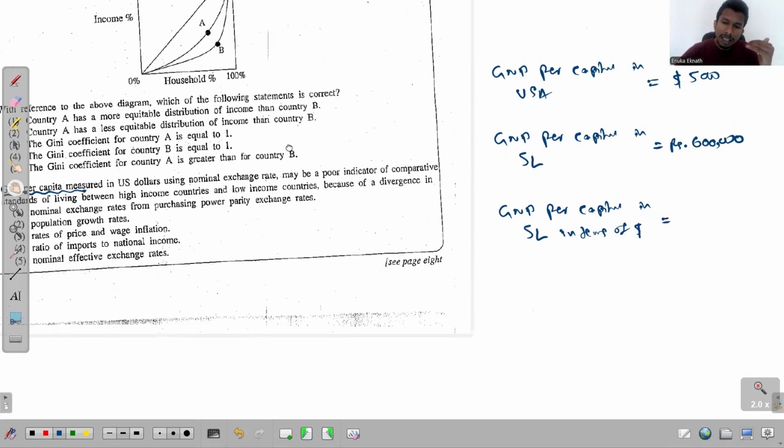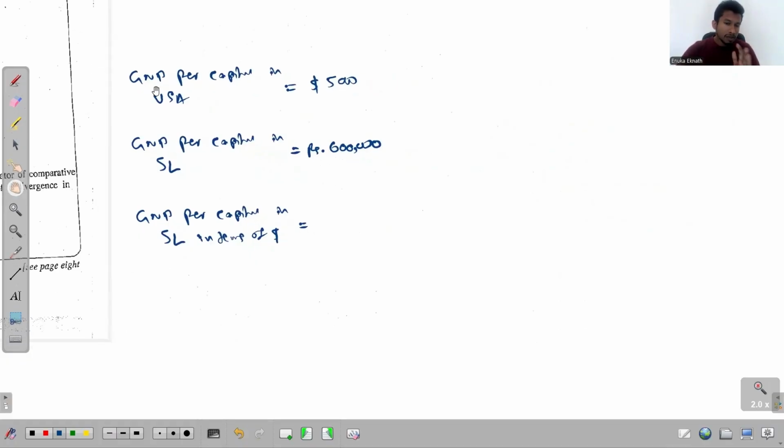When I make this conversion, let's see what happens. This is the most important part. When I make this conversion, I use the nominal exchange rate. Let's assume this nominal exchange rate to be $1 equals rupees 300.